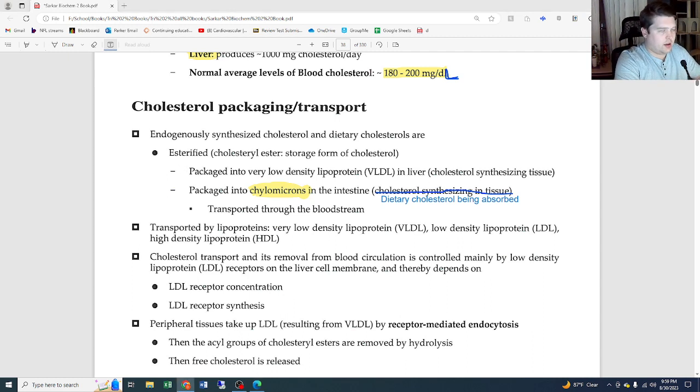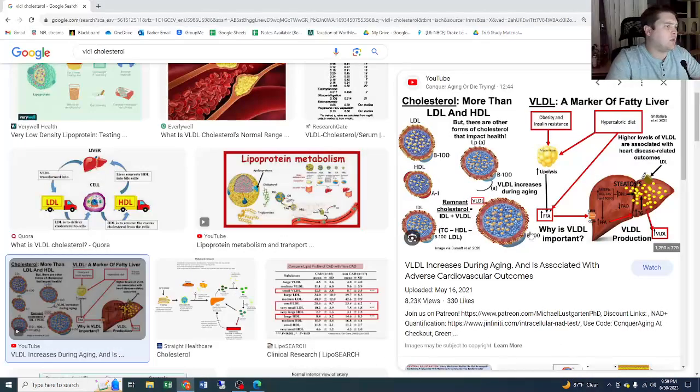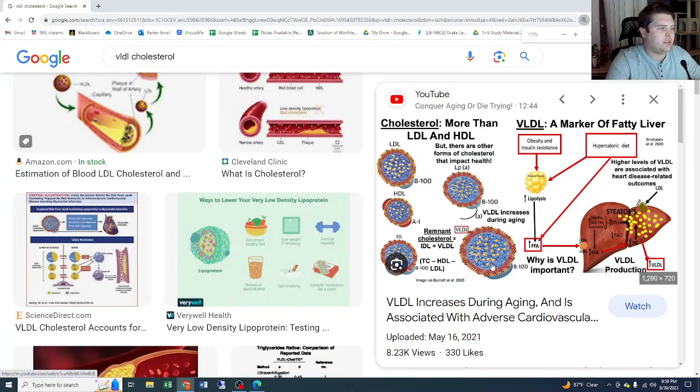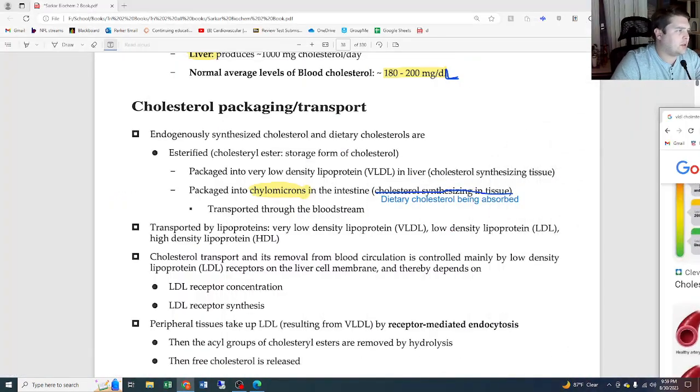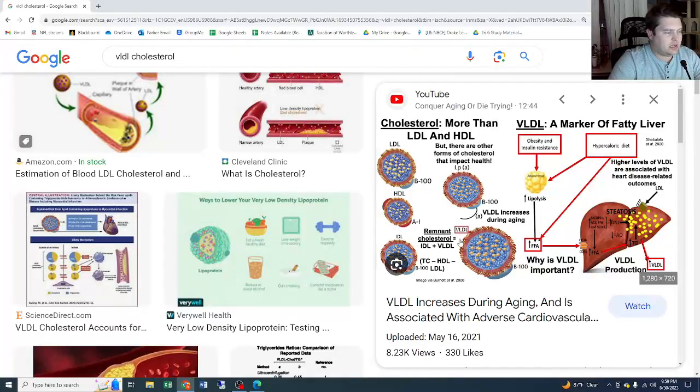Okay, so we talk about VLDL. We'll start to look at some other examples as well. But this is kind of what we're talking about. We have these proteins called lipoproteins. Lipoproteins are a combination of lipid and protein. So you're going to have the protein and the fats all bundled together, and that's how they're going to be transported.